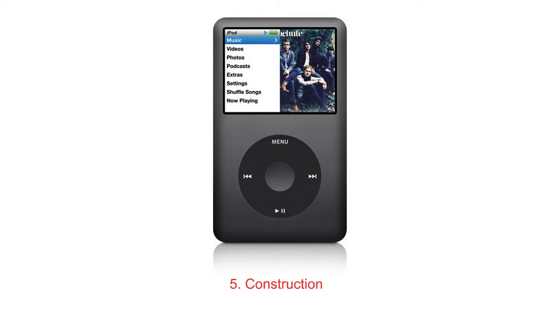And the fifth is the construction, and I want to say something here. Product design has to work hand in hand with other disciplines like engineering or architecture. Why? Because design doesn't work alone. It's a process to construct, and we have to understand how to construct.